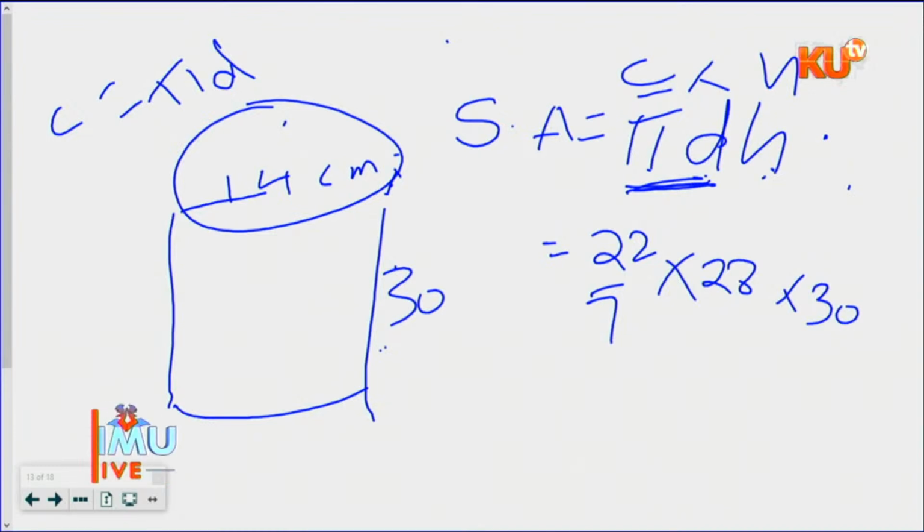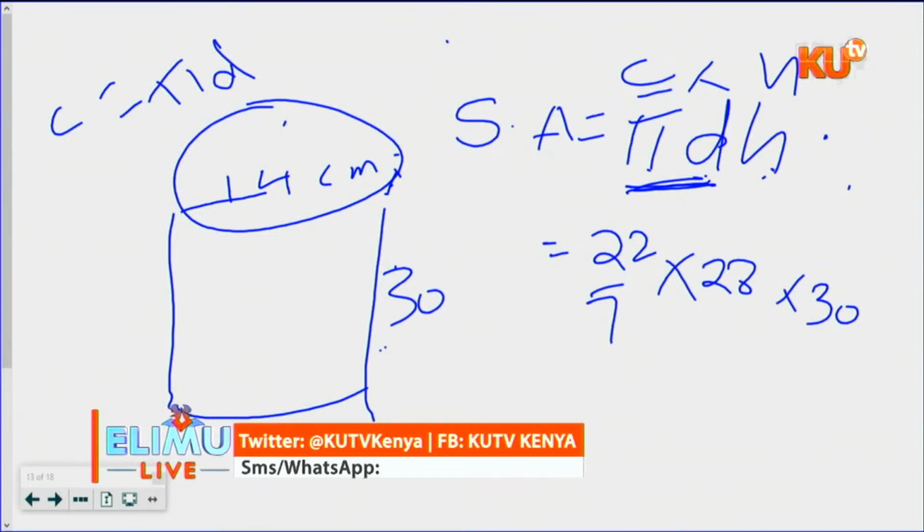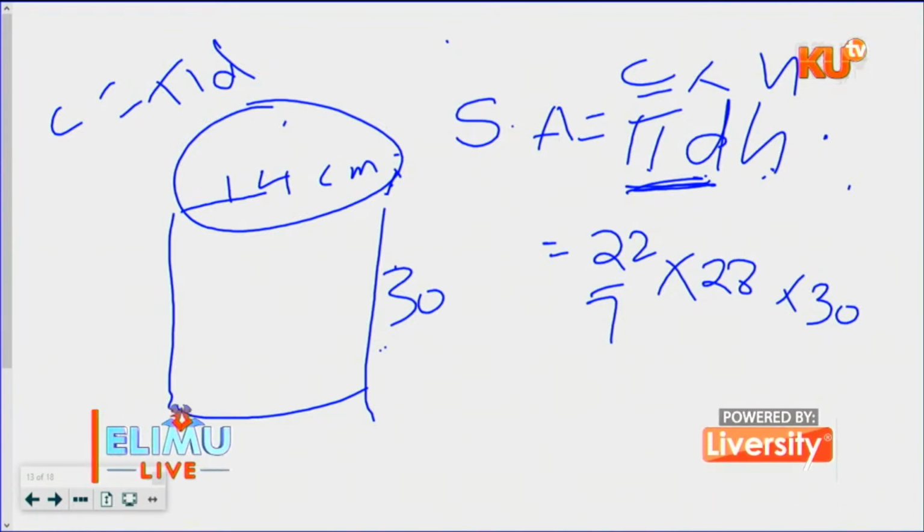So the surface area of the curved part is equal to circumference times height, whereby the circumference is pi d, which is 22 over 7 times the diameter, 28, because the radius is 14, times height, which is 30.